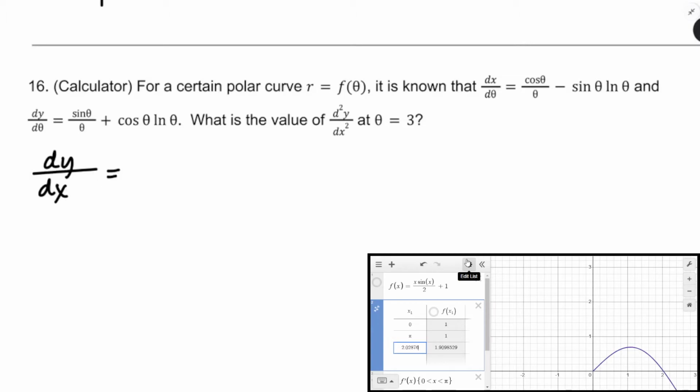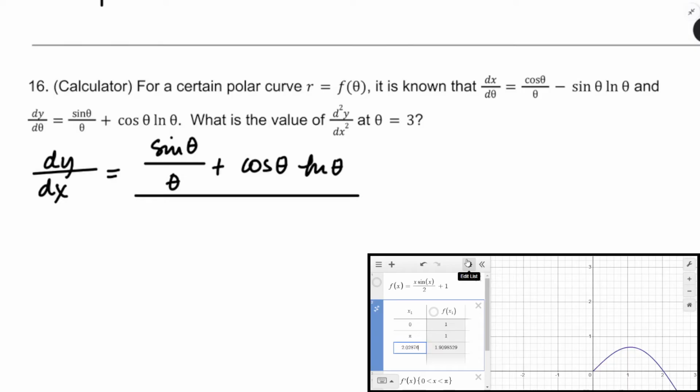And that's going to be dy d theta, and we're going to be dividing that by dx d theta, which is cosine theta over theta, minus sine theta log theta.